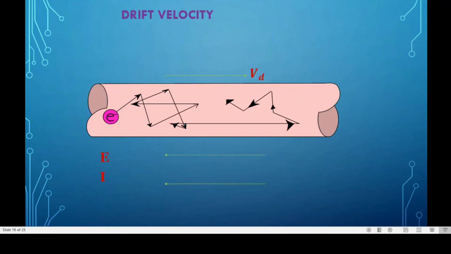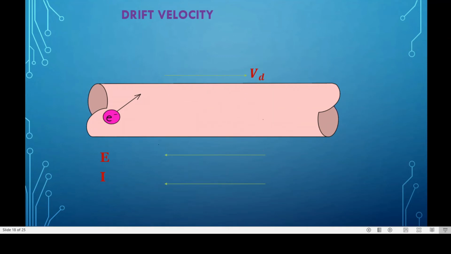And look at this diagram. You observe that we take one free electron. These free electrons moving in a conductor make many collisions with other electrons and atoms. The path of one electron is shown. This path of one electron is opposite to the electric field produced in the conductor.